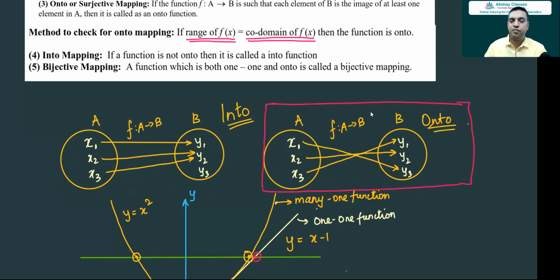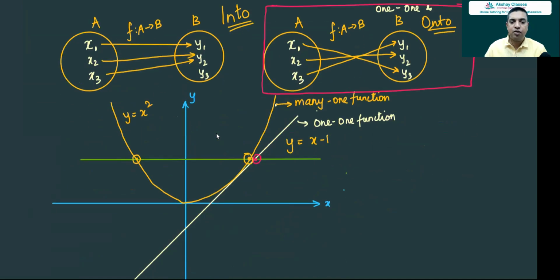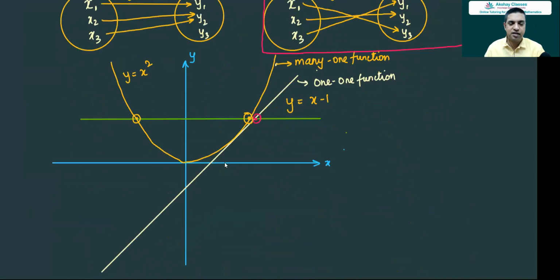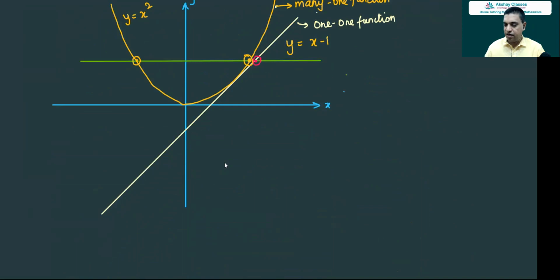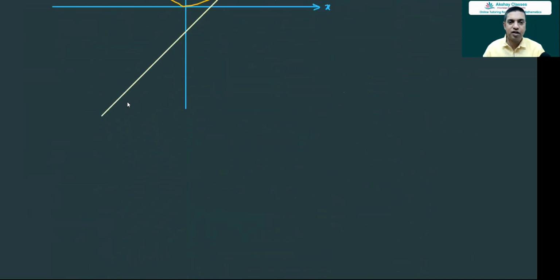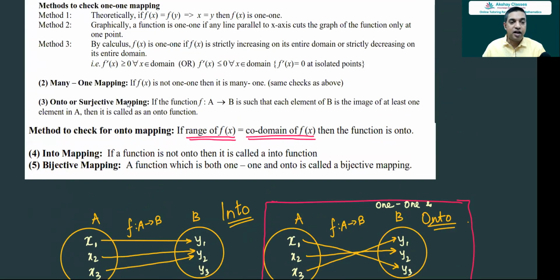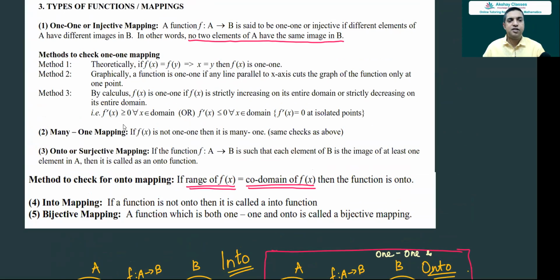So this is a bijective mapping. Okay. Now I'll test your knowledge of functions, all these basics, and soon when we draw graphs. Graphically, it is very essential to understand how one-one and onto work.